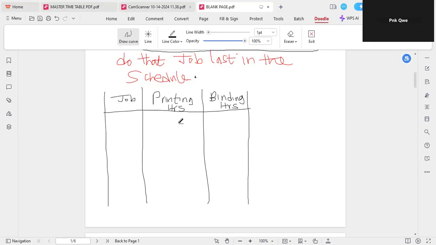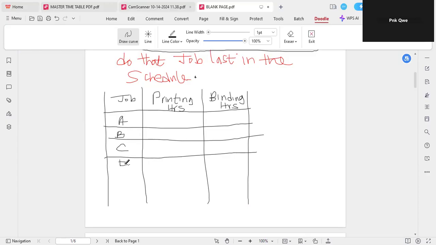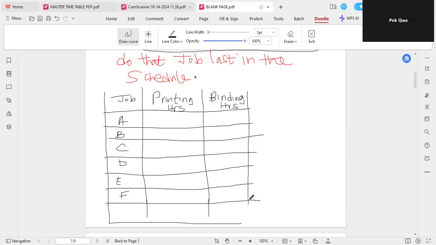So we have A, B, C, D, E, F, and G. So we have 15, 7, 4, 7, 10, 4, and 7.